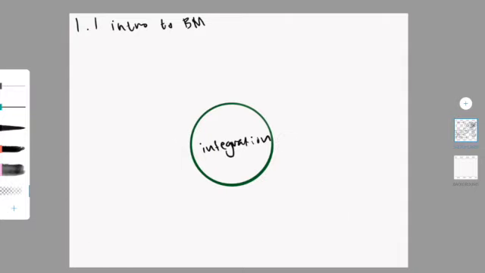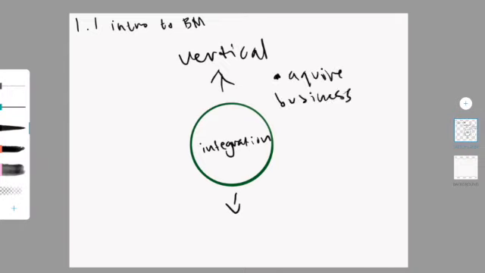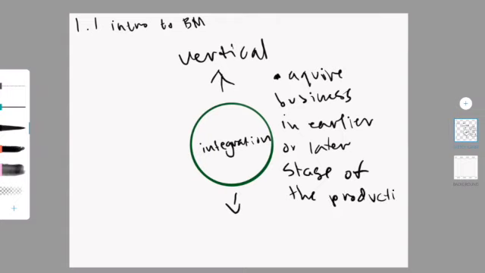Then for vertical integration, this is when you acquire a business in an earlier or later stage of the production chain. So this would be acquiring a supplier. Let's say you, I don't know, sell bread, but you acquire a supplier that gives you flour. So you're taking the person that's behind you in the process. But it could also be forward.